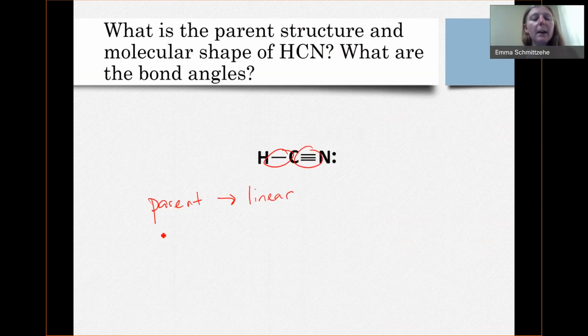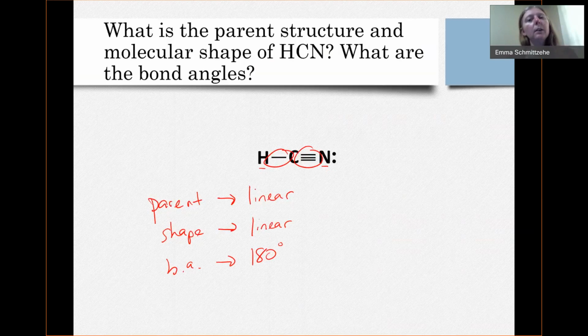Both of those things are attached to actual atoms, right? The single bond is attached to a hydrogen, the triple bond is attached to a nitrogen. So my shape is still linear. And the linear bond angle is always 180 degrees, so it's a straight line.